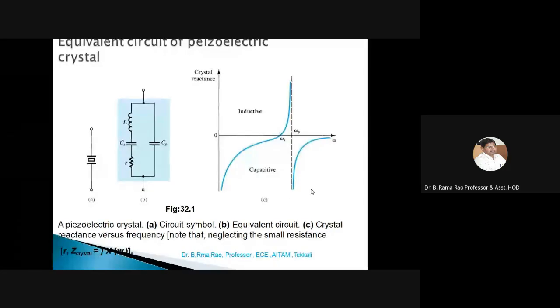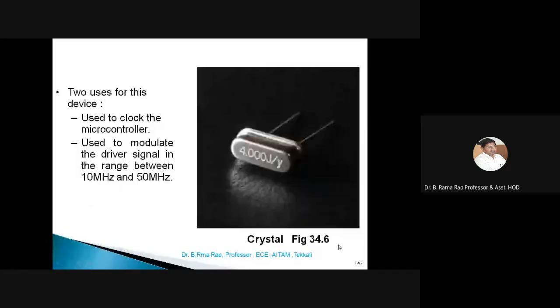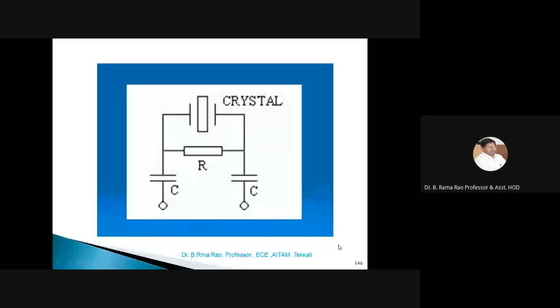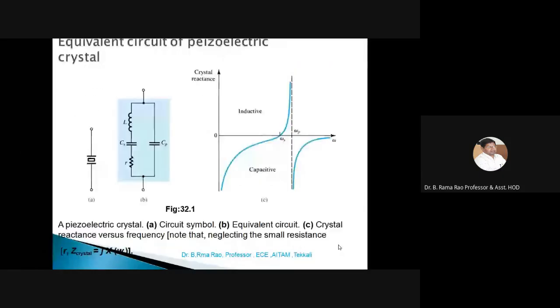So we can get the reactance function of this figure by using the formula jX.